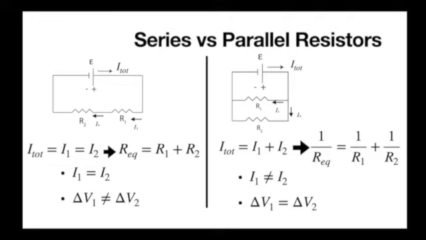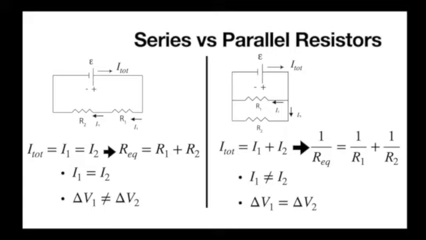So it will make it a little bit easier. Even if R2 is a really big resistor, it might not have as big of a change, but if it can allow some charge to go through, it will make it easier for charge to get around and the equivalent resistance will drop. So combining things in series increases the resistance, combining them in parallel decreases the equivalent resistance.